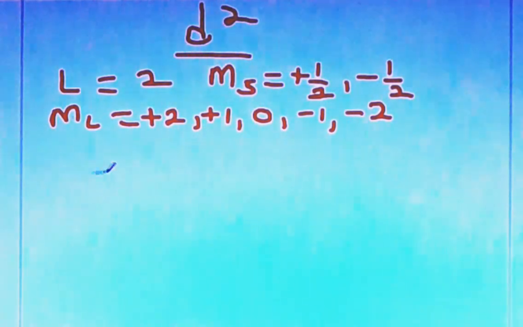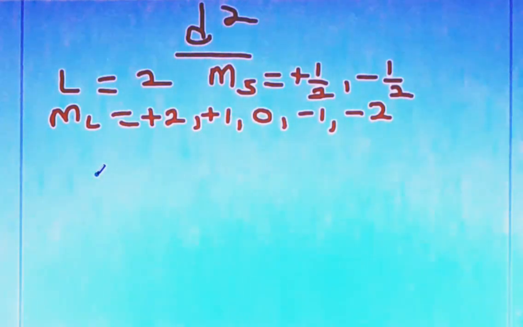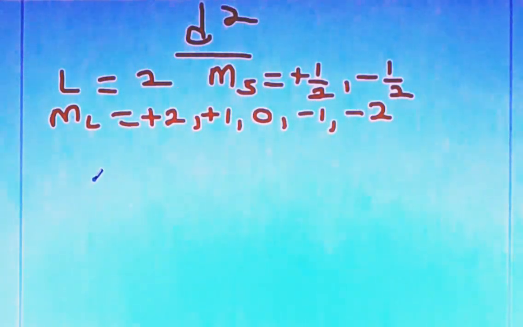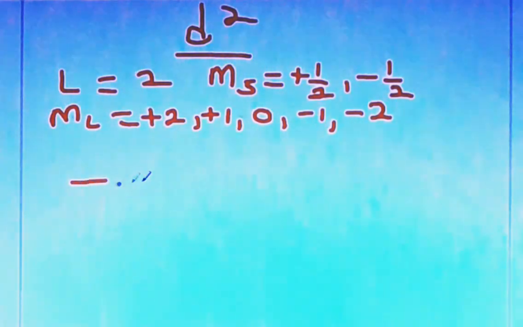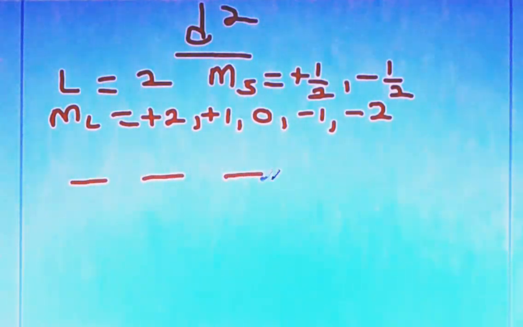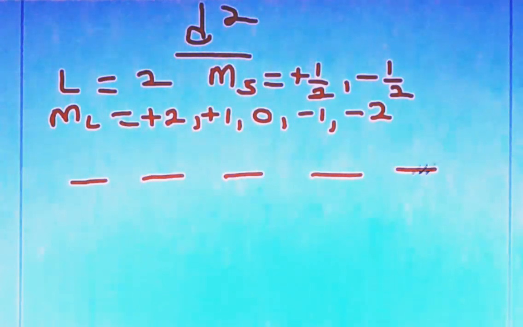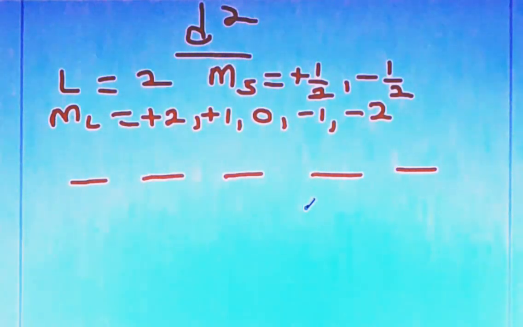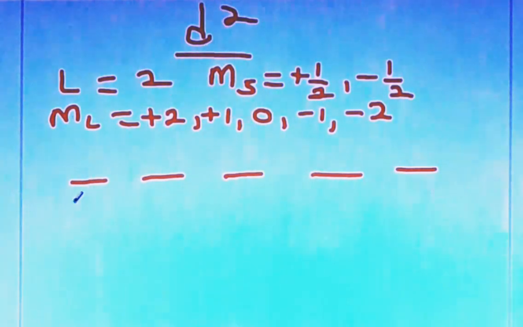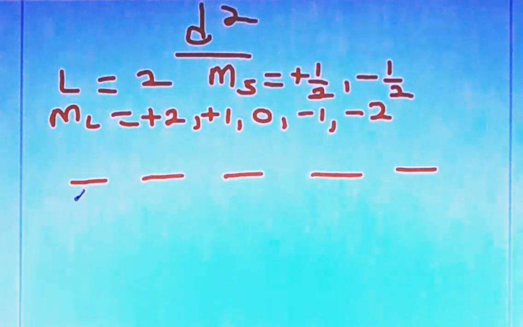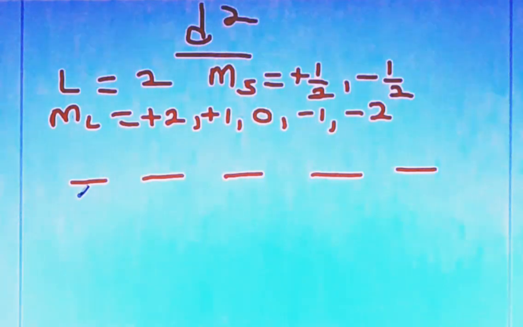Then after that, we need to draw the orbital, the d orbital. We know the d orbital is a degenerate orbital. So we have 1, 2, 3, 4, 5. We have 5 orbitals. And you write down the magnetic quantum number of each orbital.